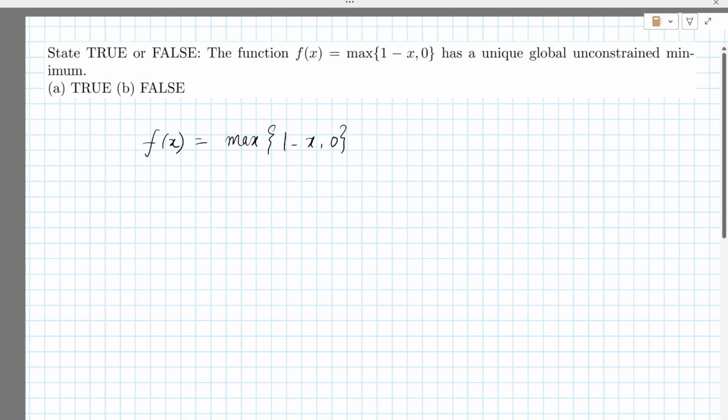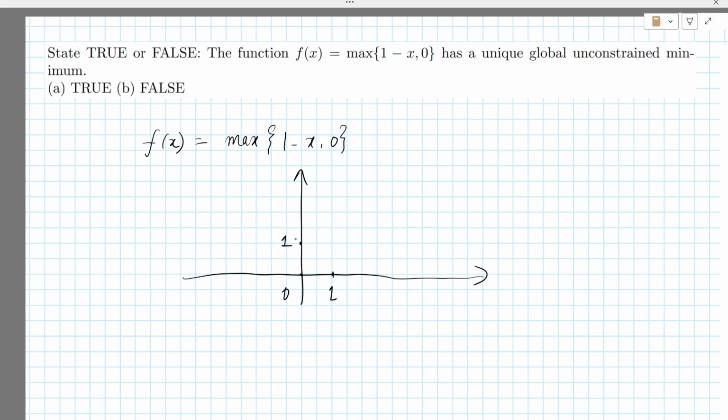So this is a single variable function, so you can easily plot this. At x equal to 0 it is 1, at x equal to 1 it is 0, so you have a line like this.